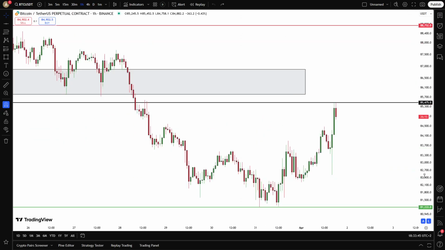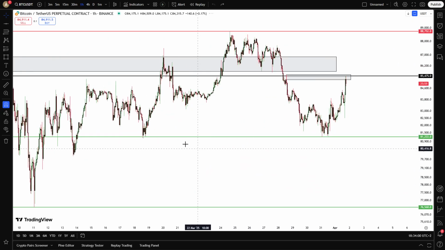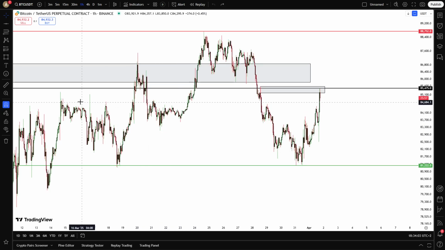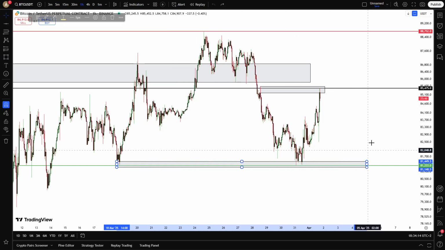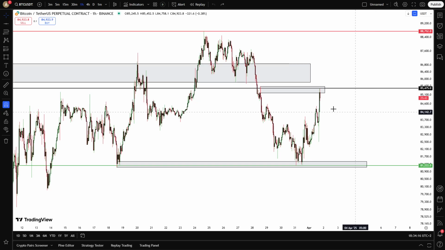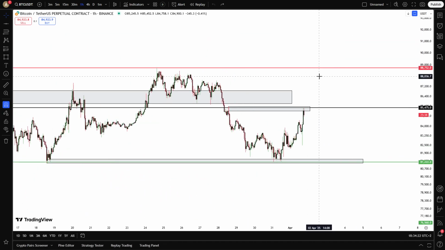And into the 1 hour, since we were looking at this level, what do we have here? Your previous resistance before breaking down. So, now, what do we have here then? And this is just the simple way to look at price action.